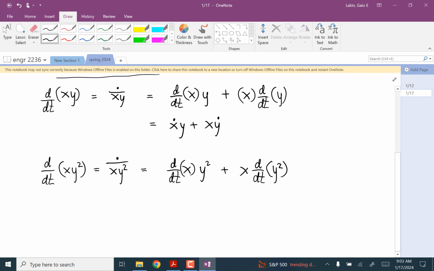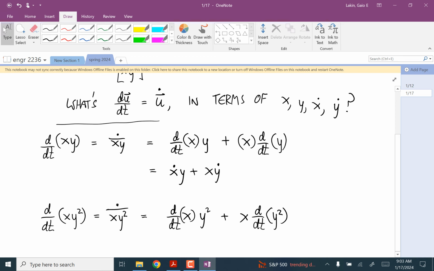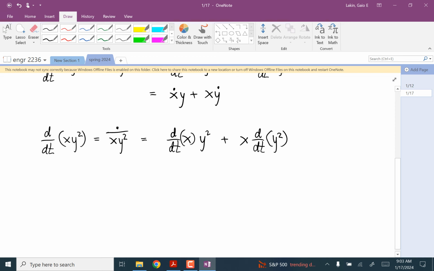But dx dt, we have a name for that. We were given a name for that. We're calling that x dot. Okay. But we don't have a name for dy squared dt. So for that one, we're going to have to use the chain rule. So I'm going to write the first one as x dot y squared.